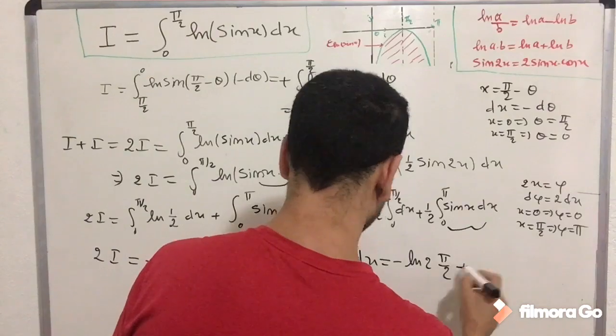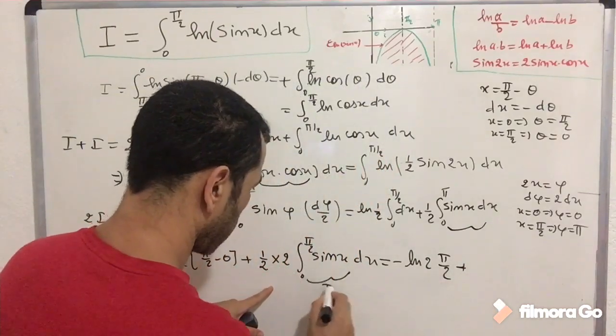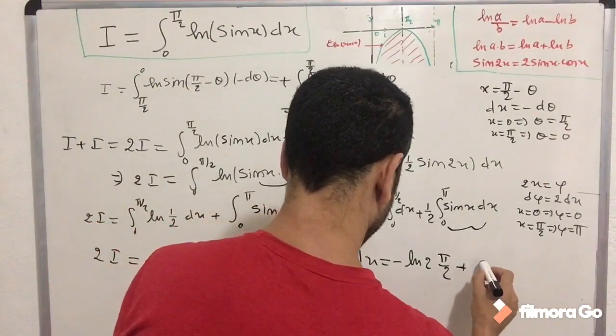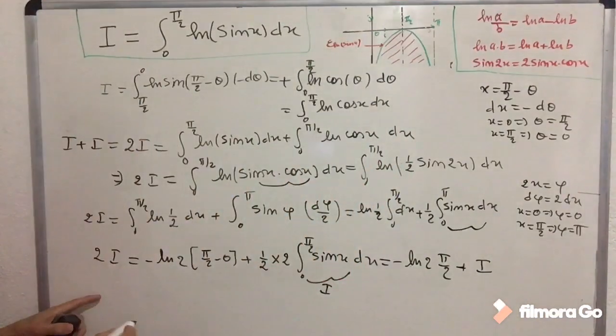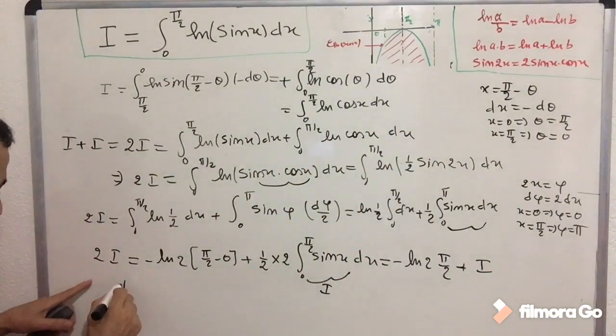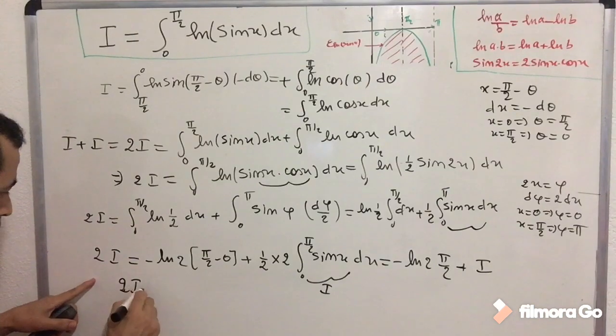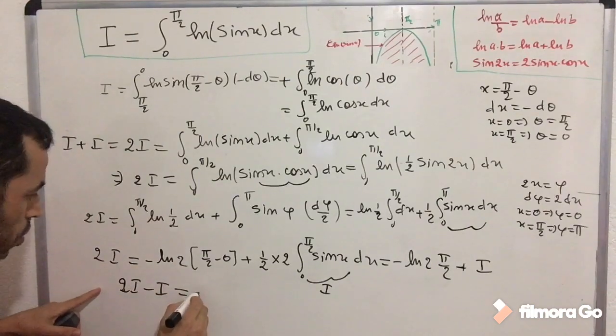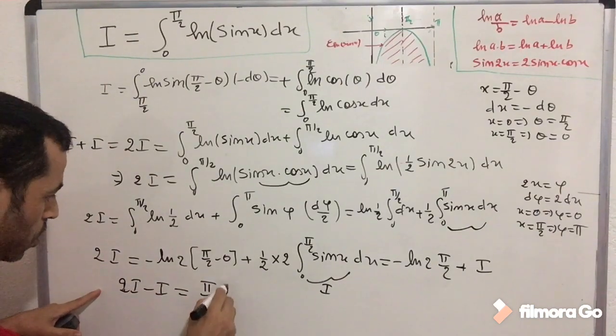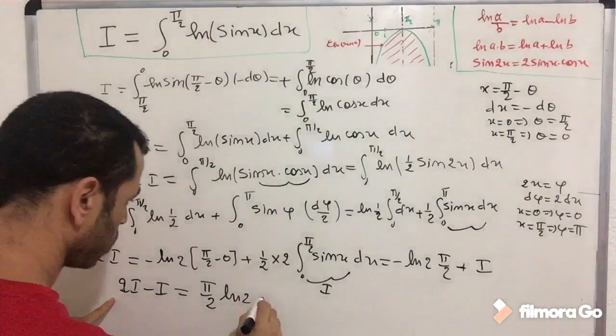So that means, what is this? This is I plus I. Let's put our integral here: 2I minus I equals pi over 2 natural log 2.